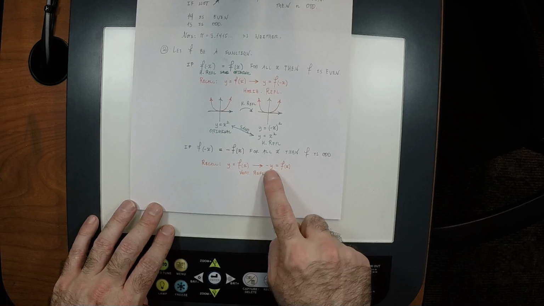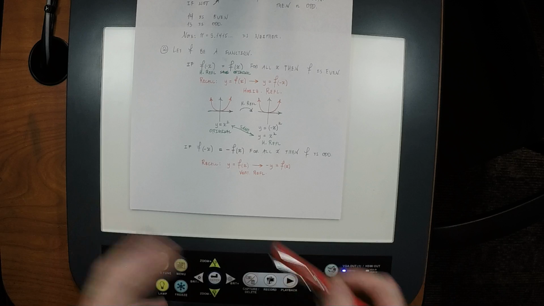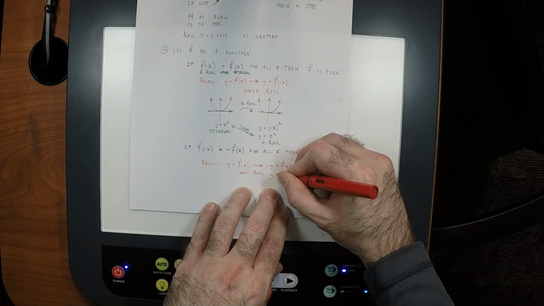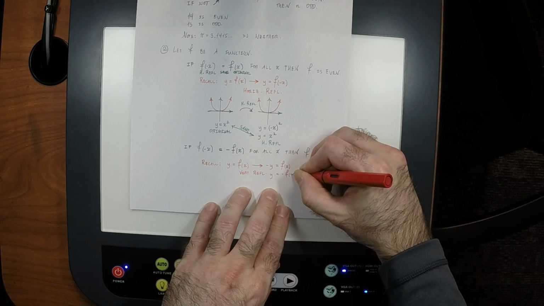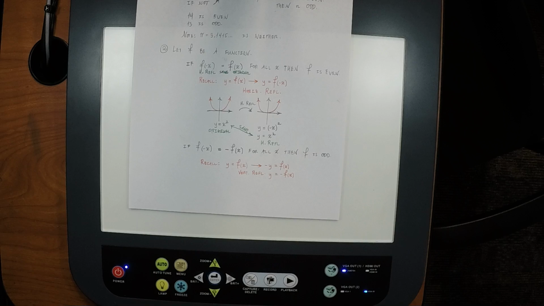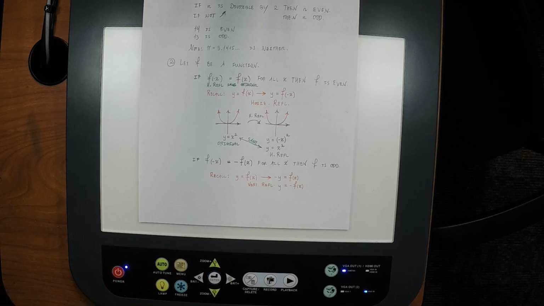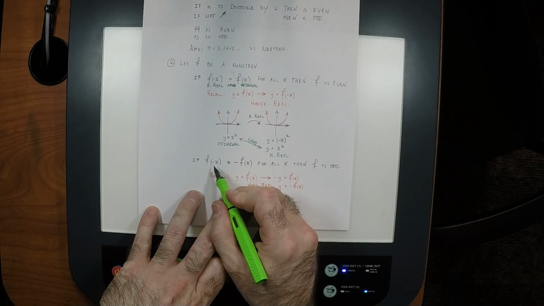But notice that for this particular one, because y is all by itself, it's not inside of a function, right? Because y is all by itself, you can actually solve for y again. So what do you get if you solve for y? So what I want you to see is that this equation is saying that we'll negate the input, we'll negate the horizontal coordinate.